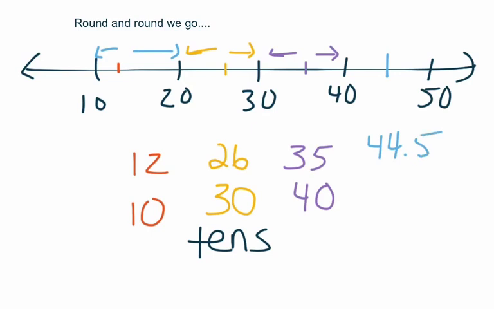Before I move on to more place value stuff, 44.5. If you were to look at that on the number line, it would be right about there. It would actually be to the left of the 45 and would round down, therefore, to the 40.